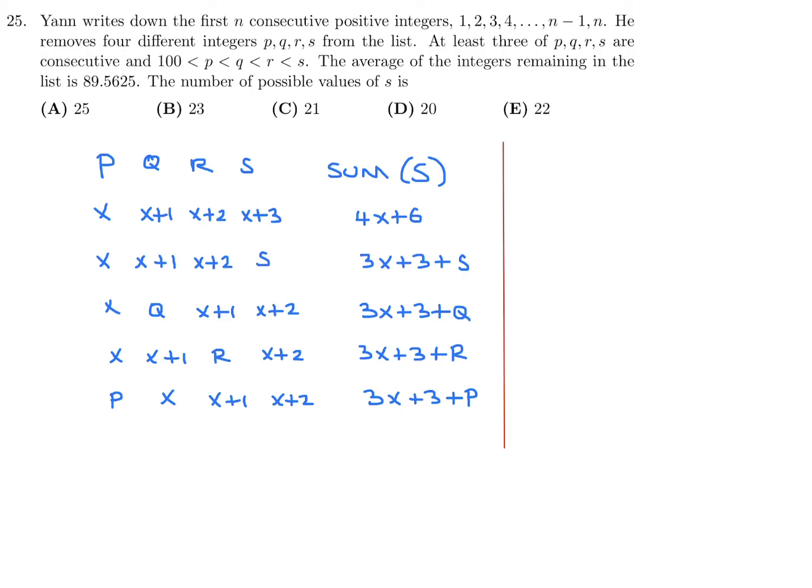Well, they told me that the average of the remaining integers is that. So that's very helpful because you took n and then you subtracted 4 integers. You removed 4. So the average basically could be thought of as follows: I take n and I remove 4 and I get the average. But let's just say I didn't remove those 4 numbers.